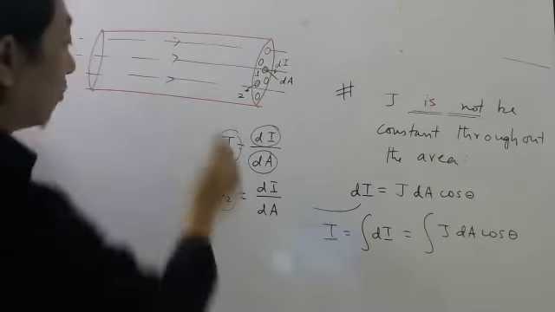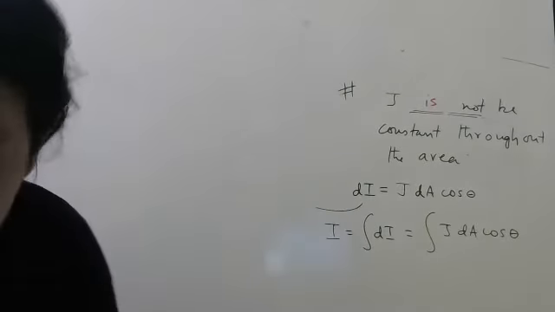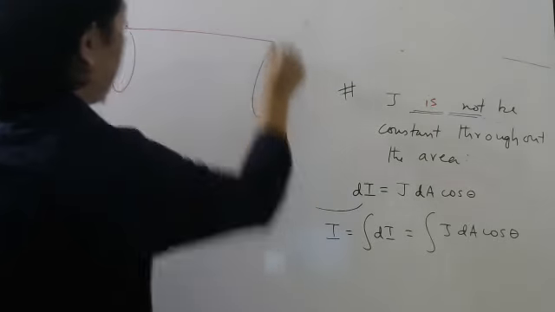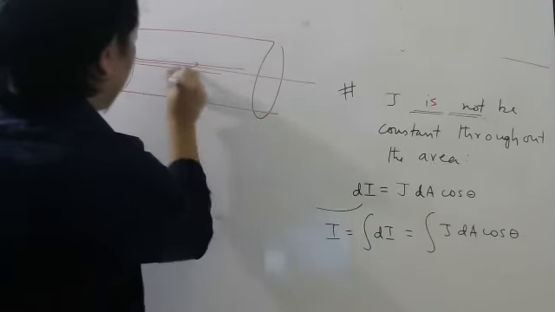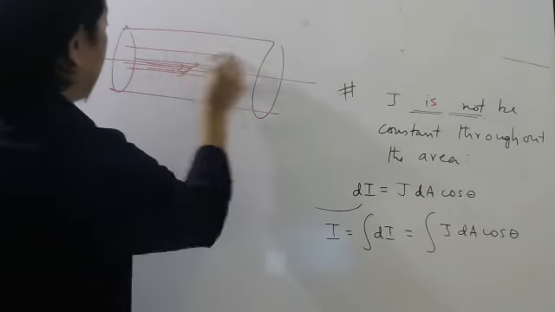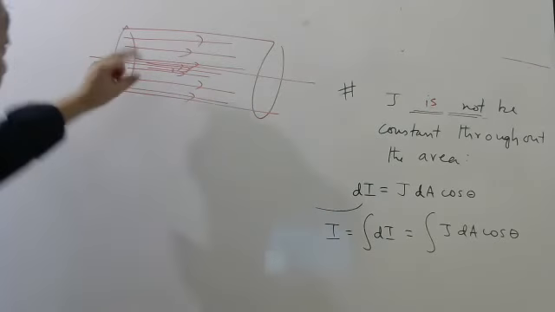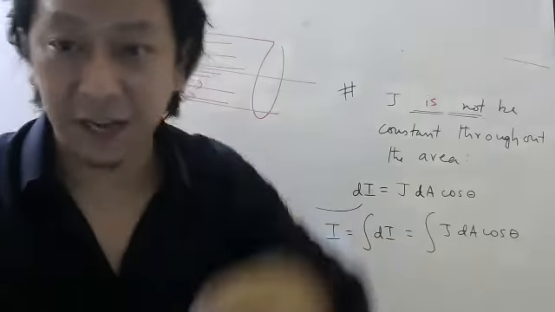But sometimes what will happen? Charges will flow in a very complicated fashion. So if this is the pipe, here electrons are concentrated, let's say, and as you go up, it becomes less concentrated. So if electrons move like this, somehow, let us say we create some magnetic field, electric field.